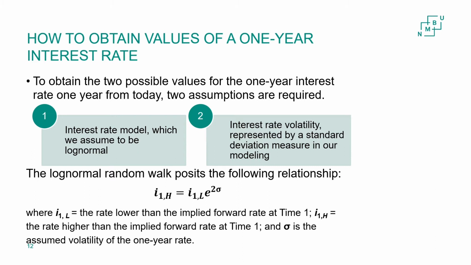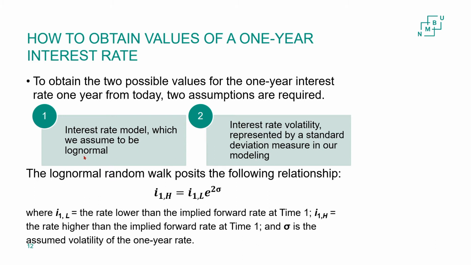So what we need is an interest rate model, and in fact we assume the model to be log normal because it's giving us non-negative interest rates. And this log normal model is also often used for any kind of non-negative price process, for example, stock prices.